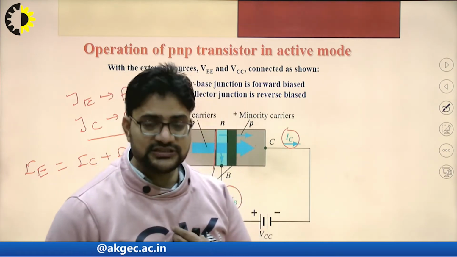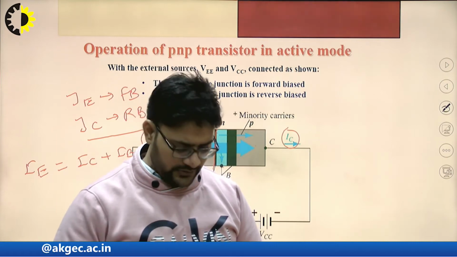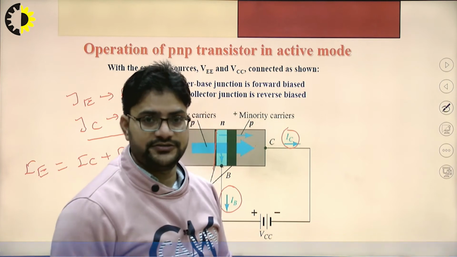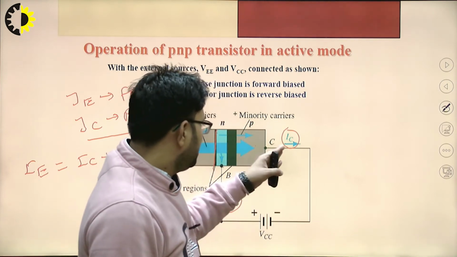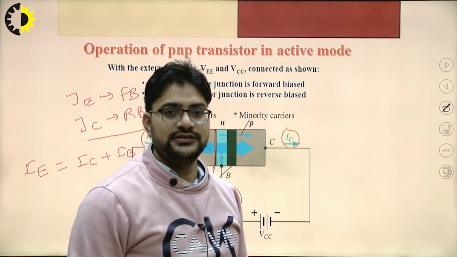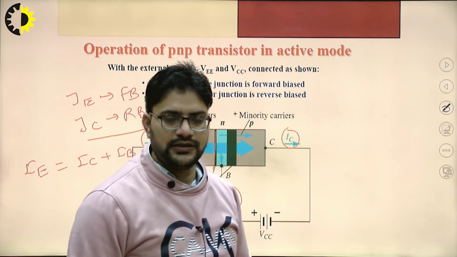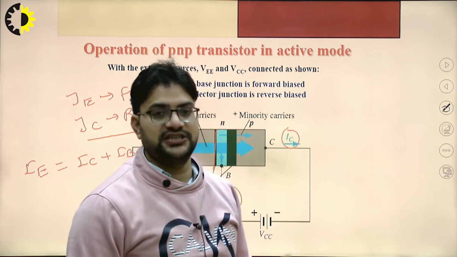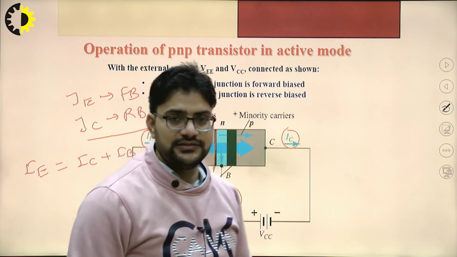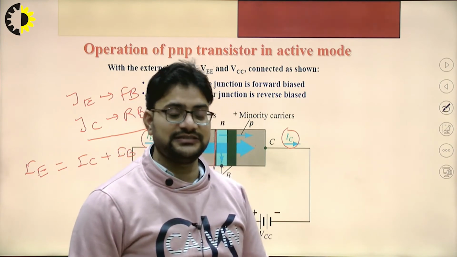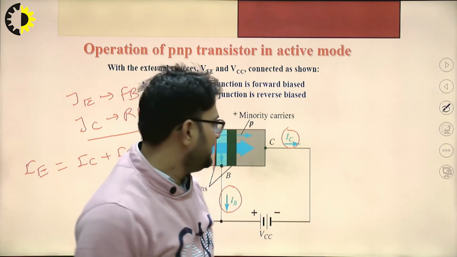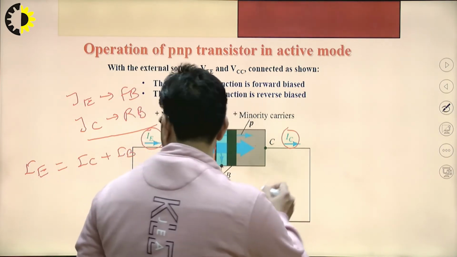The majority charge carrier current is also called the diffusion current, and it is due to the majority charge carriers. The minority charge carrier current is due to the minority charge carriers, and it is also called the drift current.